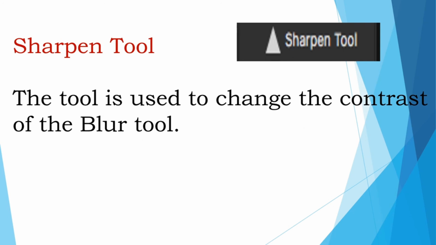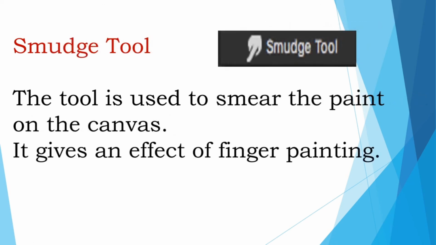The tool is used to change the contrast of the blur tool. Smudge tool. Smudge tool is used to smear the paint on the canvas. It gives an effect of finger painting.